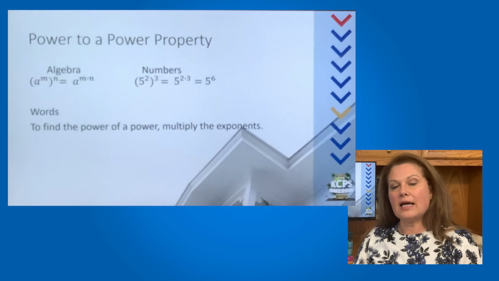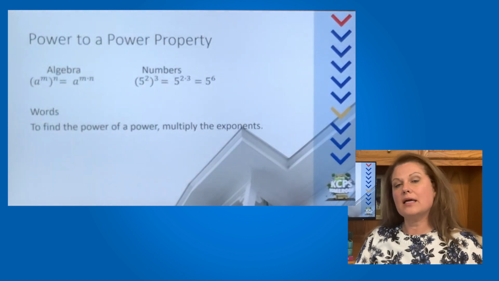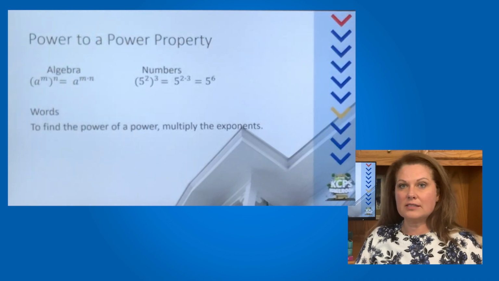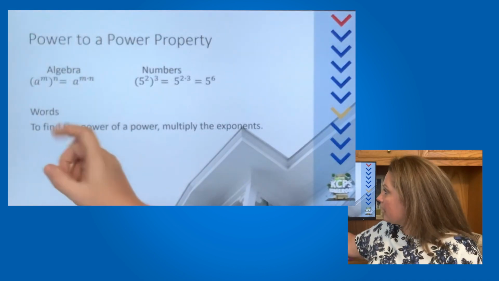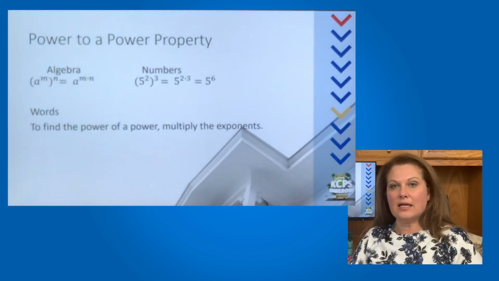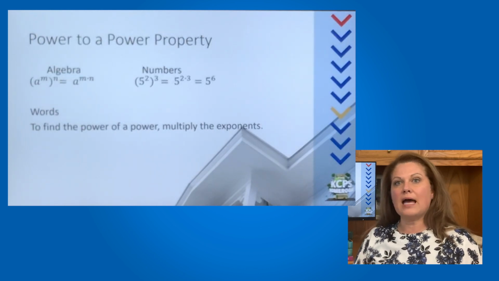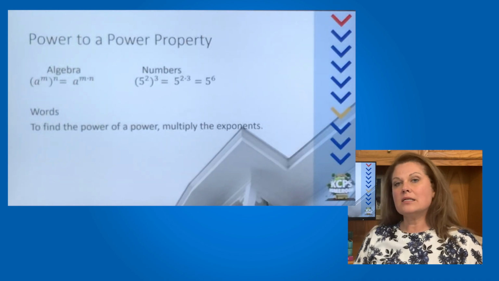Let's take a look at what that would actually look like in algebraic terms, in numbers, and in words. If you notice, our algebraic expression is a to the m to the n. We have the same base. You simply multiply m times n, and whatever that product is, that's your new exponent. Sometimes it's a little bit easier to see in numbers.